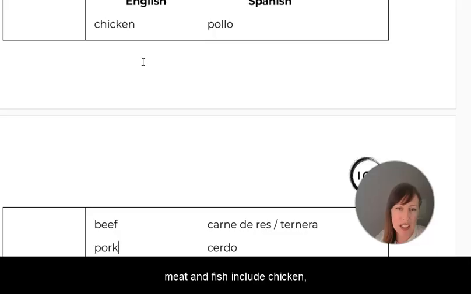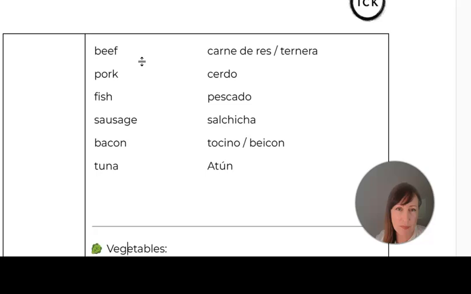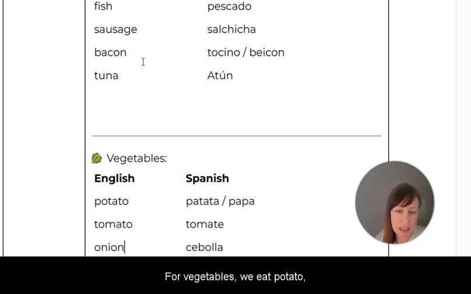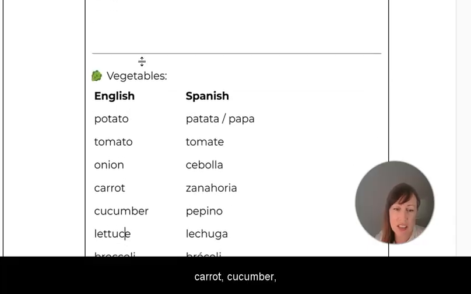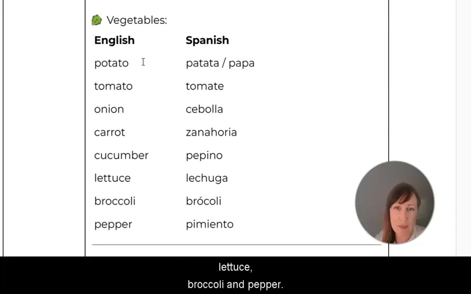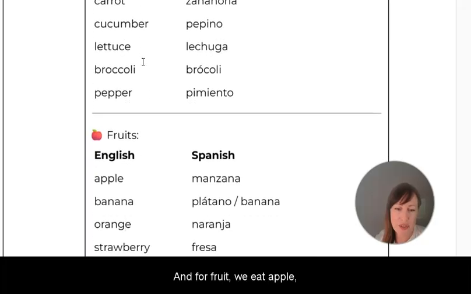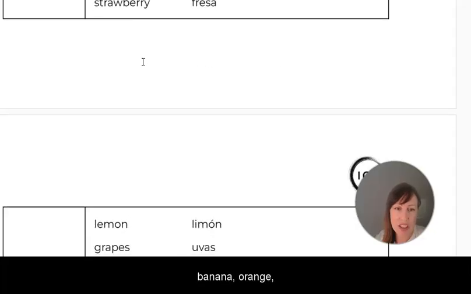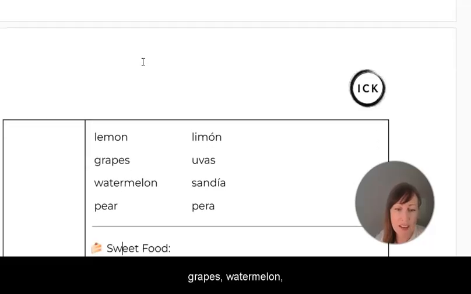Meat and fish include chicken, beef, pork, fish, sausage, bacon, tuna. For vegetables, we eat potato, tomato, onion, carrot, cucumber, lettuce, broccoli, and pepper. And for fruit, we eat apple, banana, orange, strawberry, lemon, grapes, watermelon, pear.